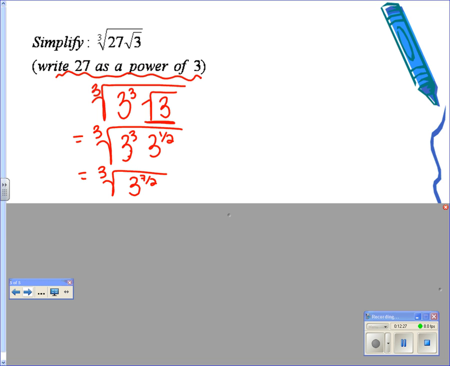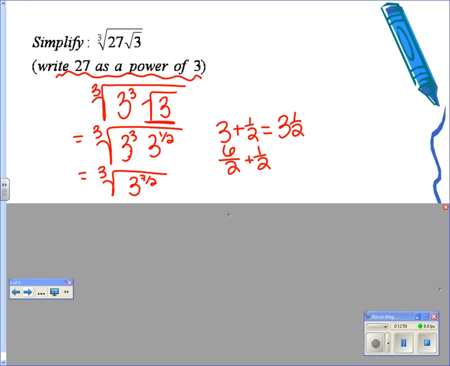Three over 3 is 1. Yeah, you'd want to use it like that.